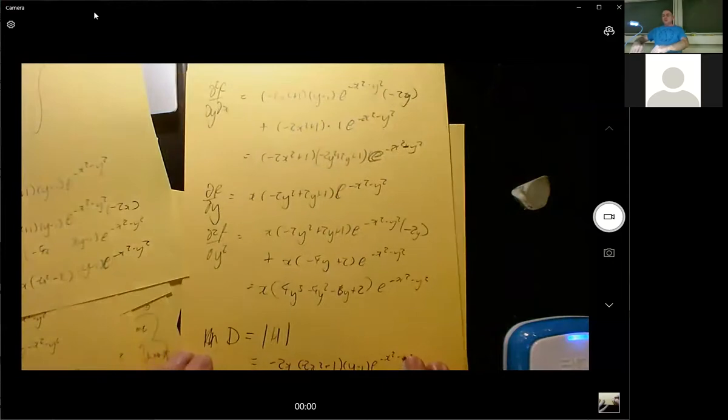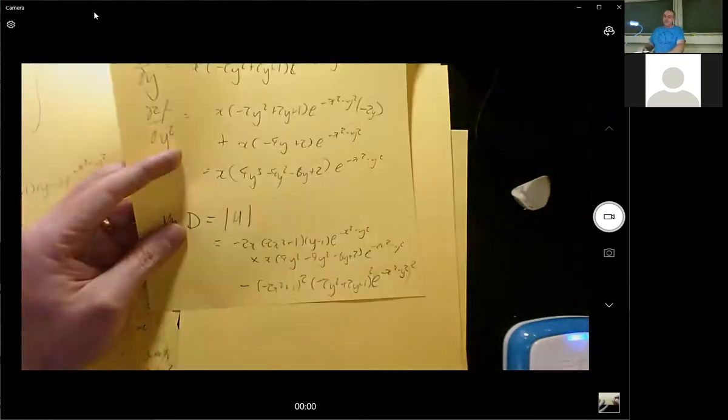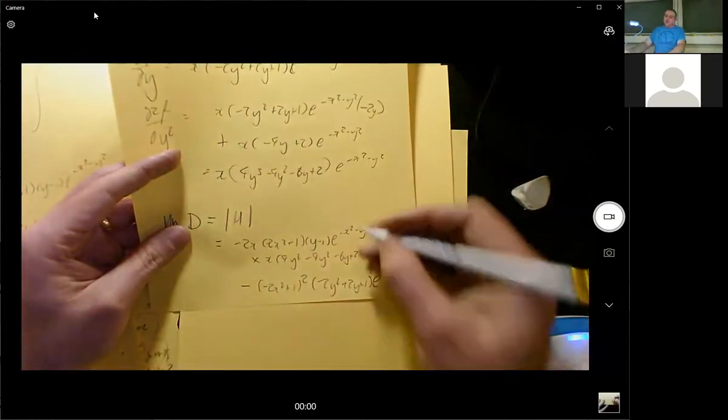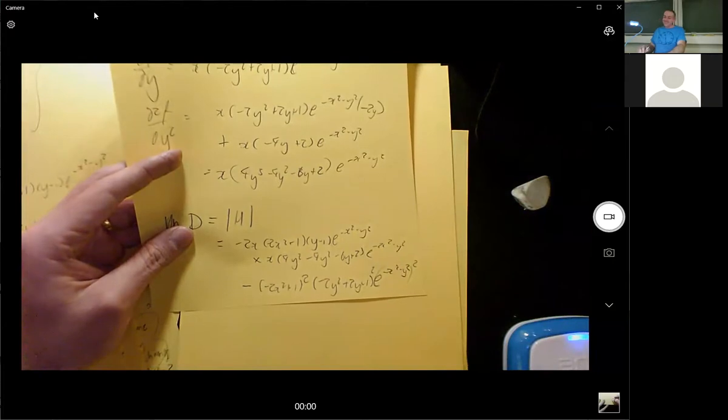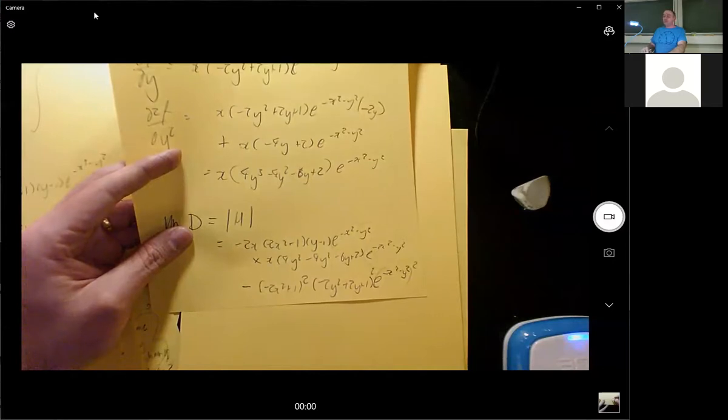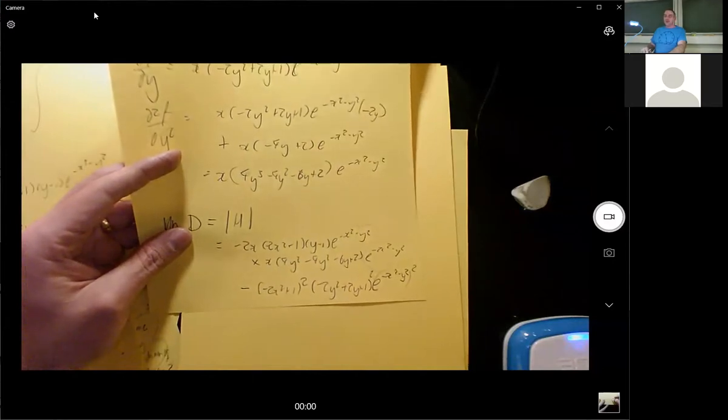Which is the craziest thing you've ever seen. It does have an e to the minus x squared minus y squared all squared in it. So I would now have to sub in one of my points and see what happens, which is what calculators are for.